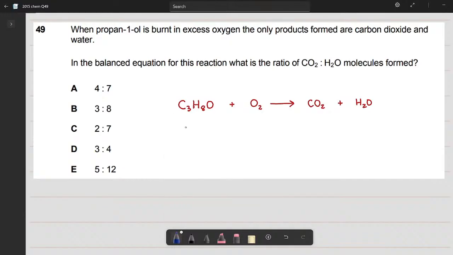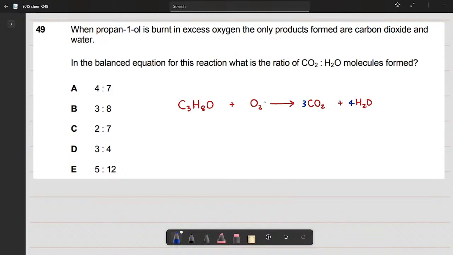We have three carbons on this side, so we use a priority rule. We first prioritize the number of carbons, then hydrogens, and then oxygen. I have three carbons on my reactant side, so I'm going to add three over here, and eight hydrogens, so I'm going to add four over here.